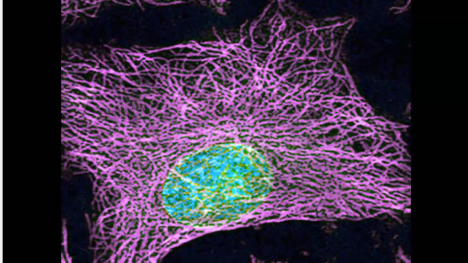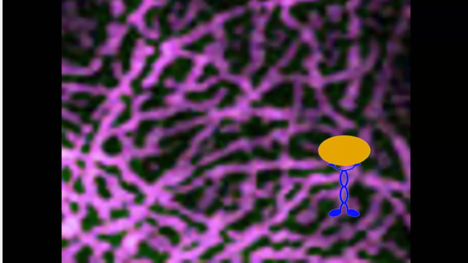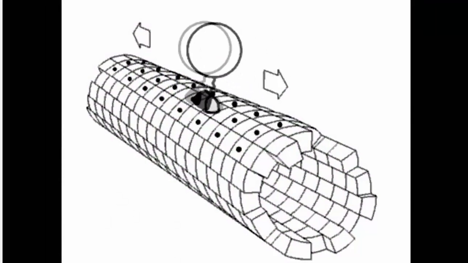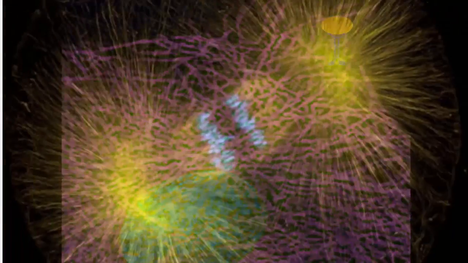Vesicles that bud off of the Golgi hitch a ride on special motor proteins that travel along the microtubules all over the cell. Like a railroad track, the microtubules allow objects to move around inside the cell. Motor proteins walk along microtubules, pulling their cargo with them. The Golgi vesicles, the cargo, are pulled along microtubule tracks to the cell membrane.